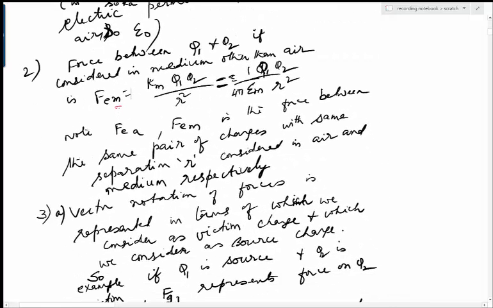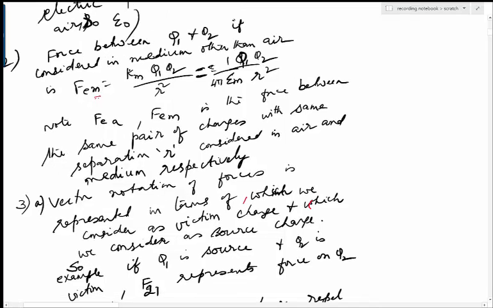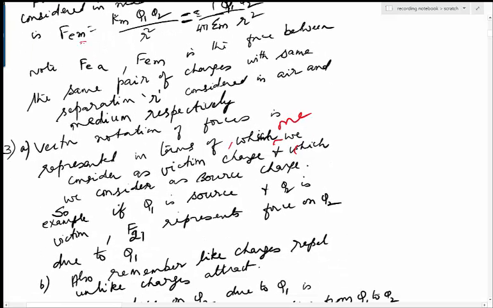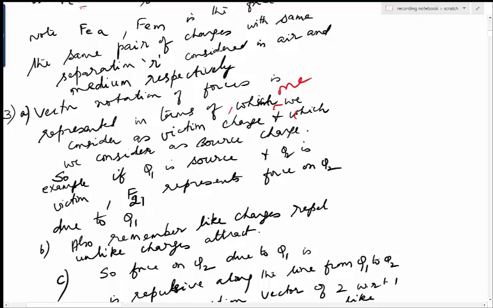Now, the vector notation of the forces is represented in terms of which one we consider as our victim charge, and which we consider a source charge. So, for example, if Q1 is the source charge and Q2 is the victim charge, F21 represents the force on Q2 due to Q1.